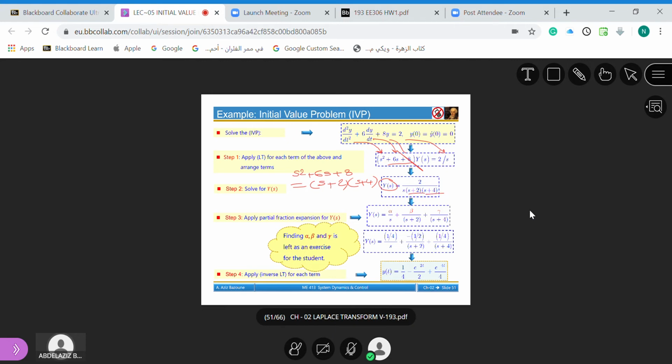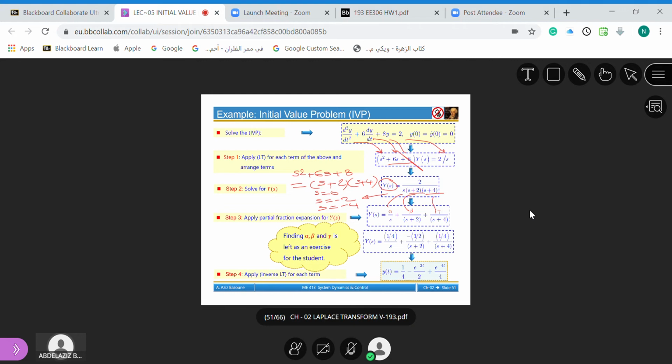So as you can see here, we have 3 poles: s is equal to 0, s is equal to minus 2, and s is equal to minus 4. These poles are real and distinct. So we can use partial fractions: alpha over s for this pole, beta over s plus 2 for this pole, and gamma over s plus 4 for this pole.